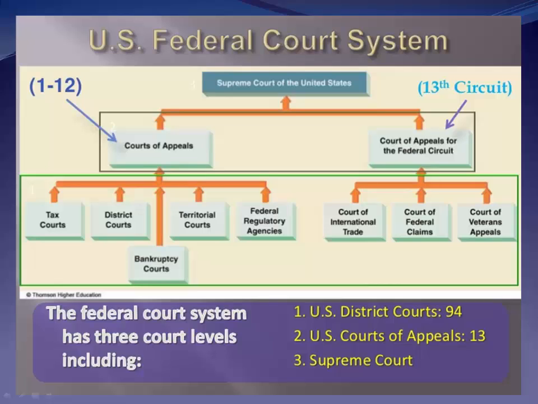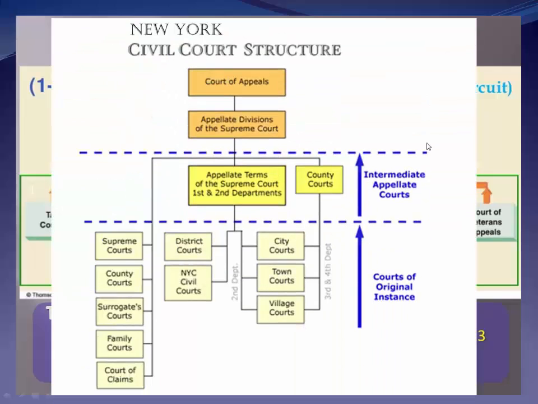As I said, we're looking at the federal court structure here, and we'll look at New York in a minute. And as you'll see, each of these systems has a variety of district or trial courts. The federal system then has intermediate courts of appeal, or 13 circuits. You've heard of the Second Circuit, the Eighth Circuit, etc. Taking a look at New York, there's the New York civil court structure, and you can see again there's a variety of trial courts that feed into 4 intermediate appellate courts, or 4 departments.